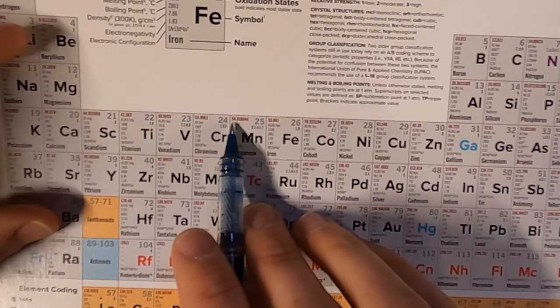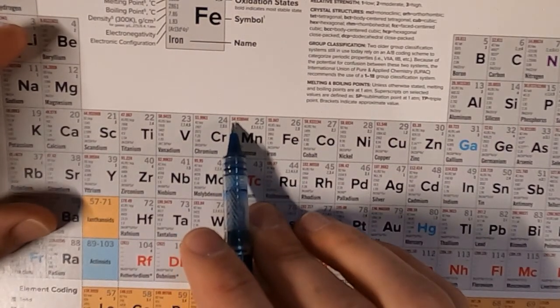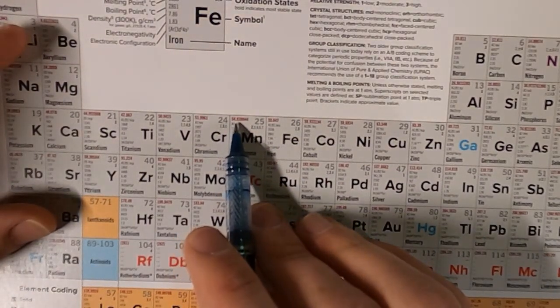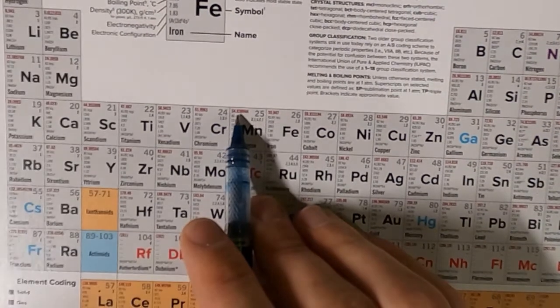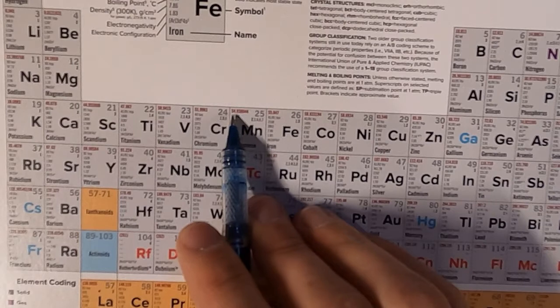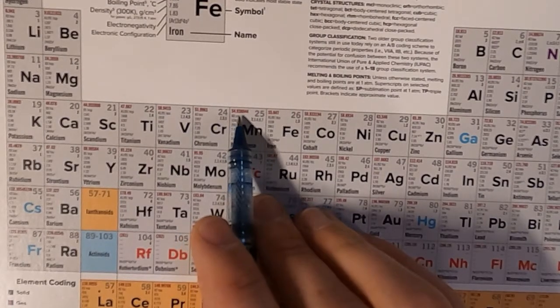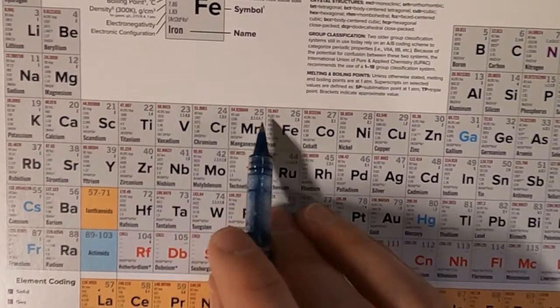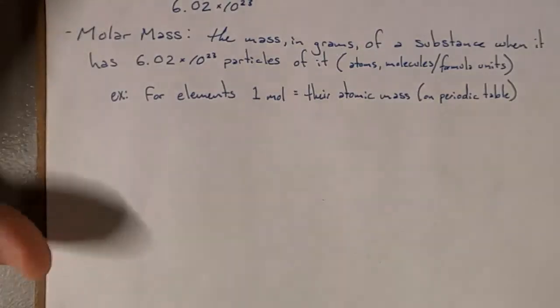So manganese, for instance, its atomic mass is 54.938 atomic mass units. We also could change those units to be 54.938 grams per mole of manganese.